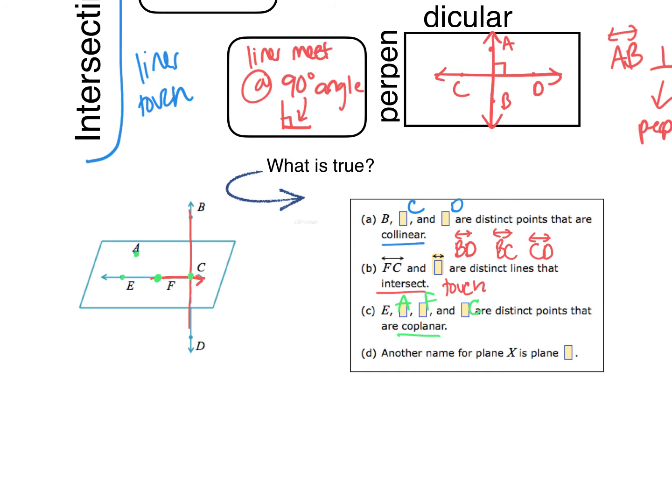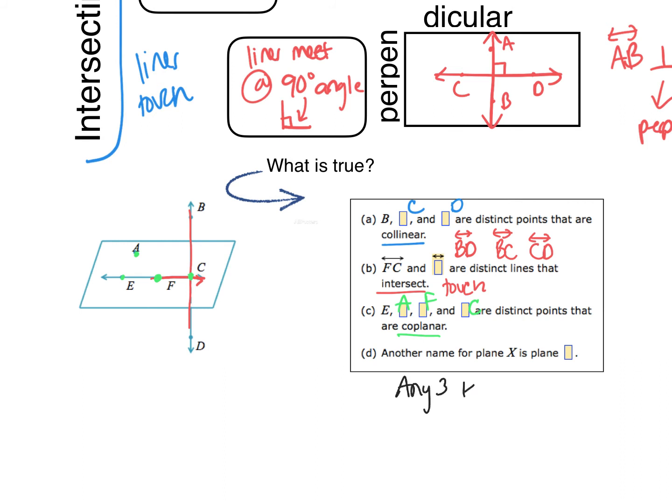And then in the last one, it says another name for plane X, which this plane is called plane X, is plane blank. Well, remember, again, definitions are key. A plane can be named using any 3 letters.